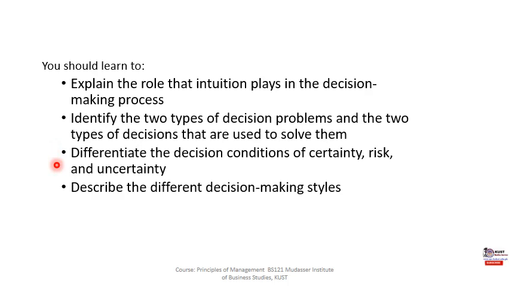We should also learn to differentiate the decisions under certainty, risk and uncertainty. These are the three different types of conditions under which decisions are mostly taken. Describe the different decision making styles. So these are the main topics that we are going to cover in our lecture.